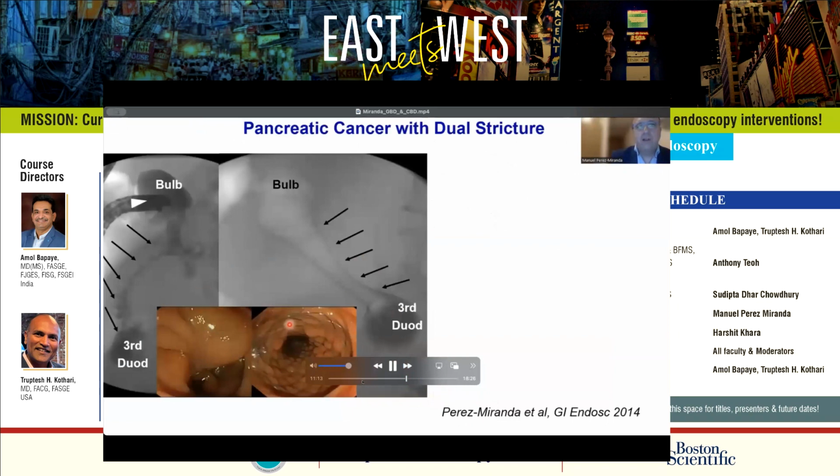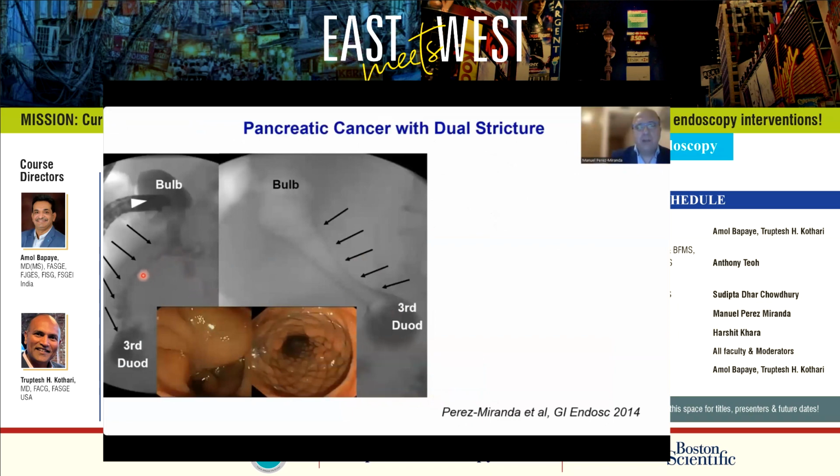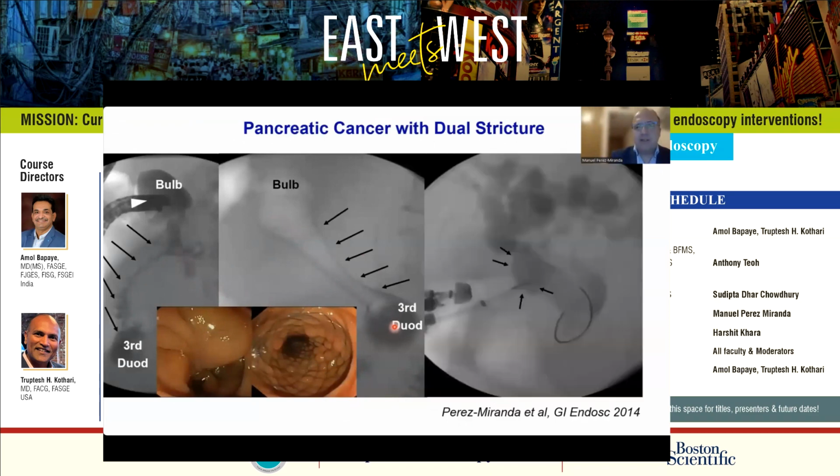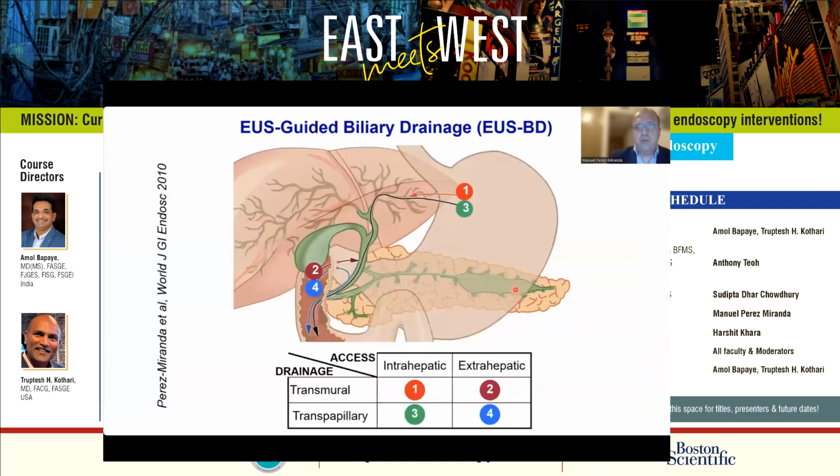This evolved into LAMS-based drainage. Look at this patient. ERCP is clearly impossible here after duodenal stent placement in a native papilla. However, puncture of the common bile duct and LAMS choledochoduodenostomy is perfectly doable. Obviously, choledochoduodenostomy is not the only option for biliary drainage.